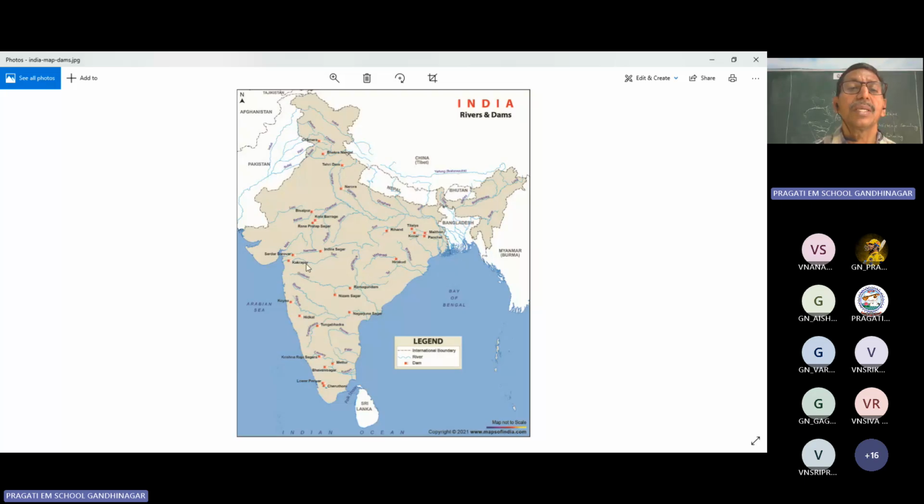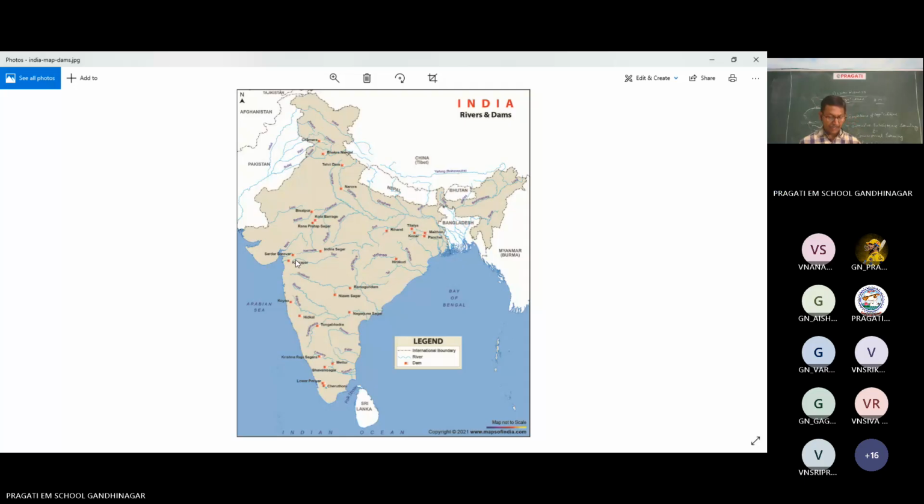In the Narmada Valley, the people opposed this river project, especially in the Tehri Dam region also, because the people have lost their natural vegetation, their natural habitat, their agricultural lands, forest areas. That is why they oppose it. Okay, in that sense, try to follow rivers, dams, as well as lakes thoroughly.